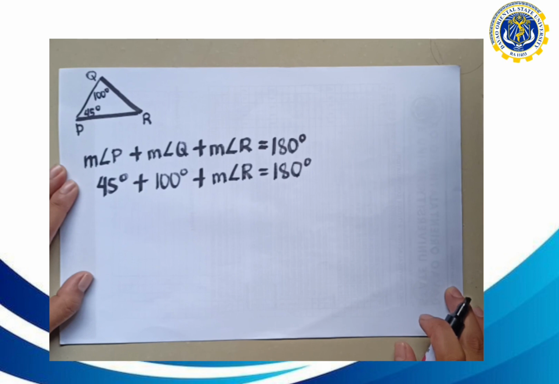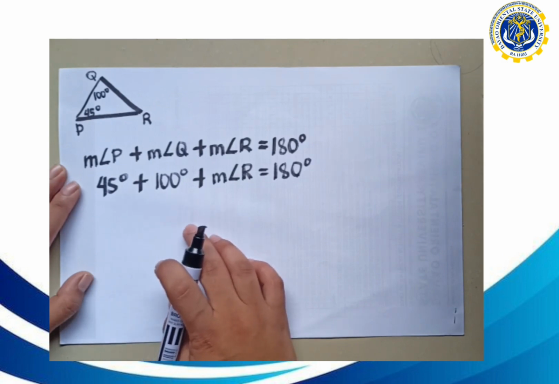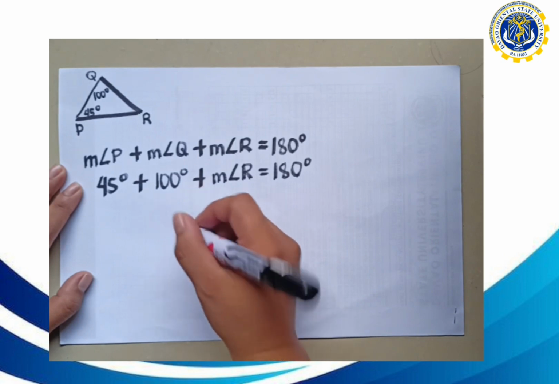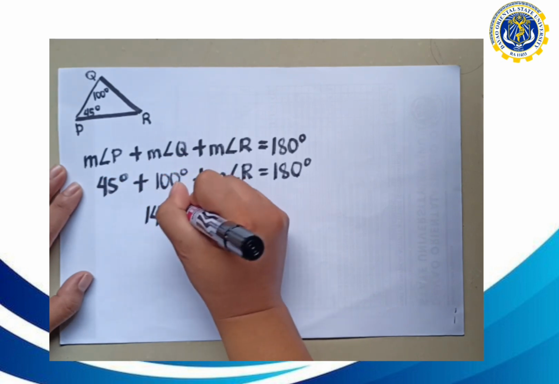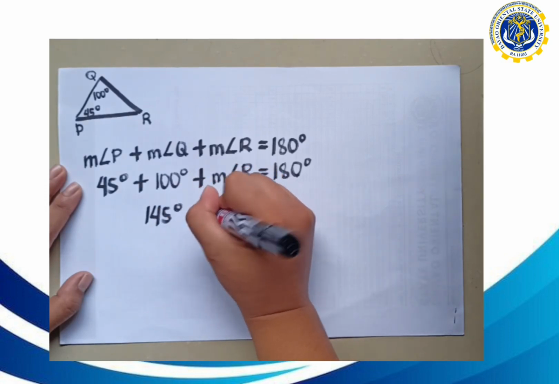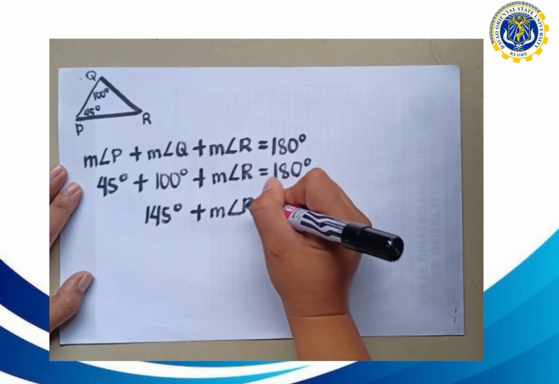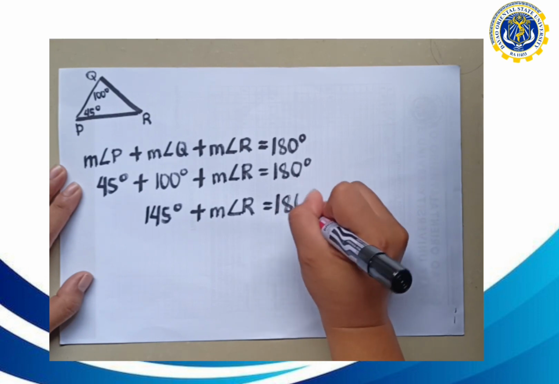As you can see that angle R is unknown, then you just need to simplify. So if you add 45 degrees plus 100 degrees is equal to 145 degrees, then plus the unknown angle R is equal to 180.